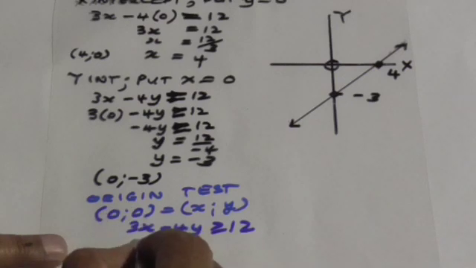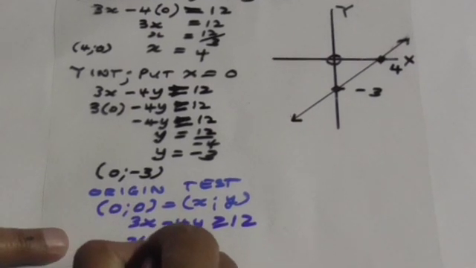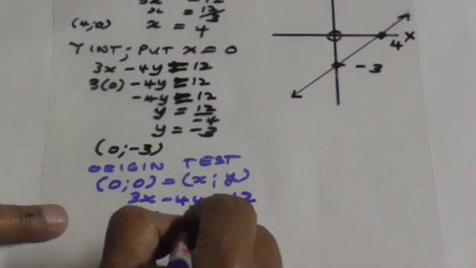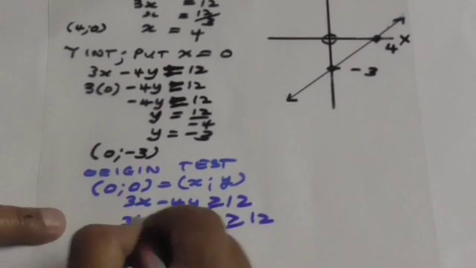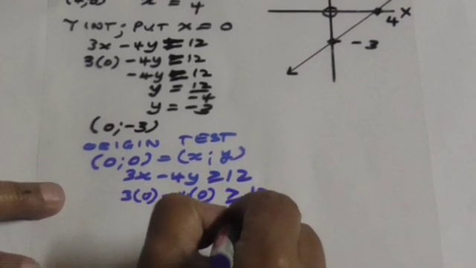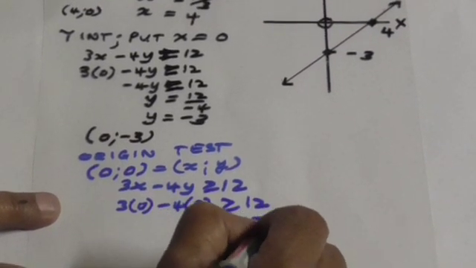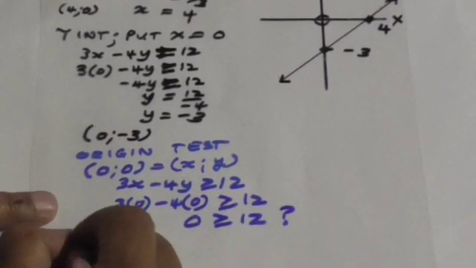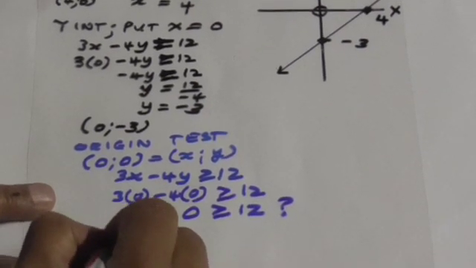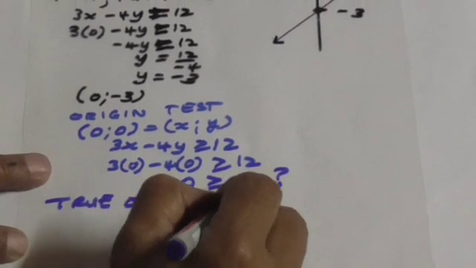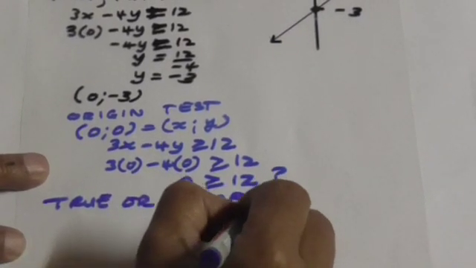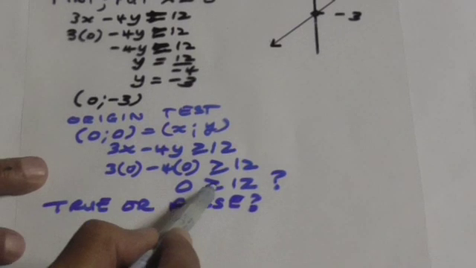If x is 0 and y is 0, it will become 3 into 0 minus 4 into 0 is greater than or equal to 12. And this side will become 0. 0 is greater than or equal to 12. Then we ask the question, is this true or false? 0 is greater than 12.